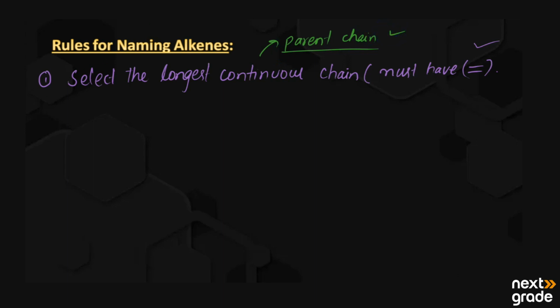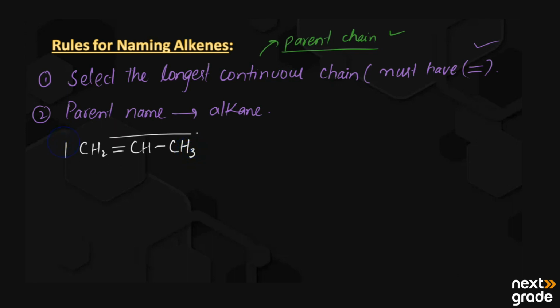Next, we have the second rule. The parent name of the chain is derived from the alkane. How to derive it from the alkane? For example, here we have a compound like this, CH2=CH-CH3.